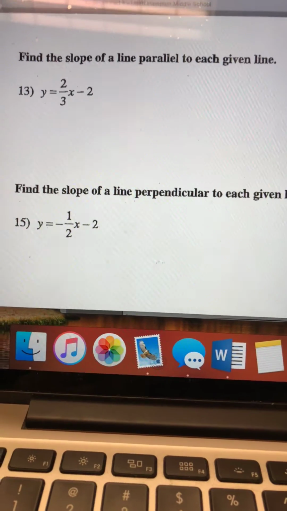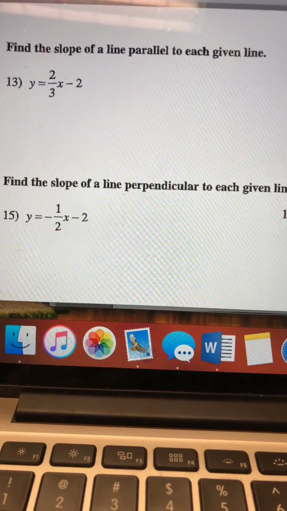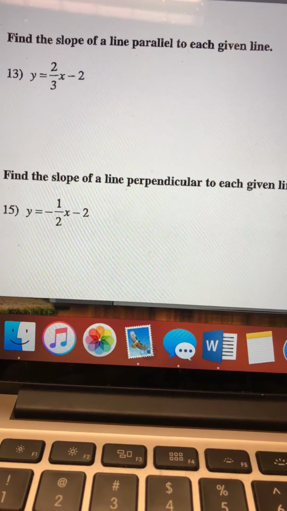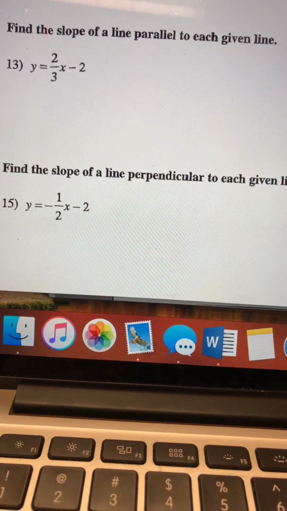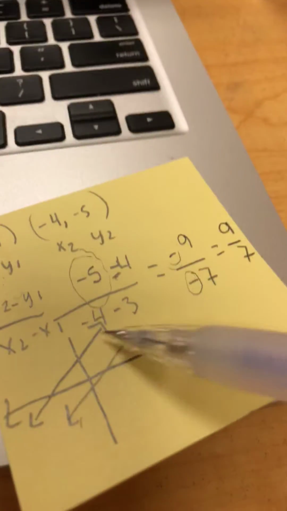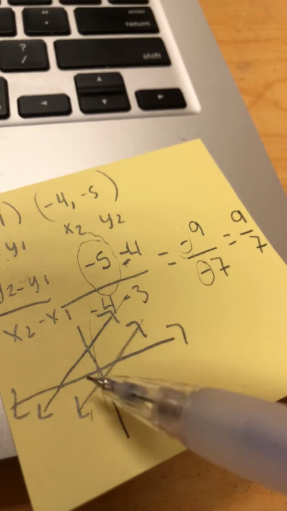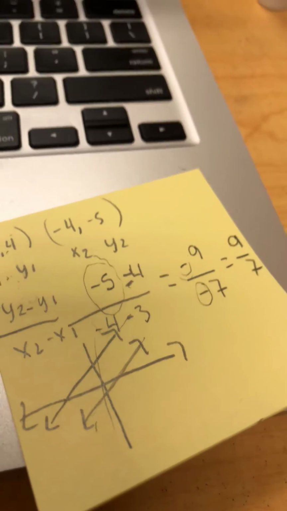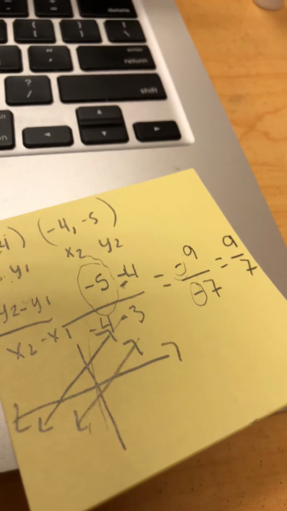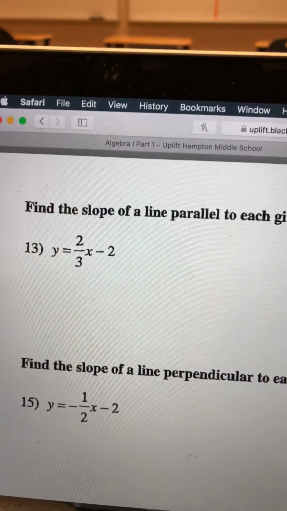So a parallel line, you guys, that means that it runs next to a line but never crosses it, just like railroad tracks. So here, if we had our coordinate plane, our two lines are right here. A parallel line, they never intersect, they never touch each other. So the slope of a line parallel to these lines would actually just be the same slope.